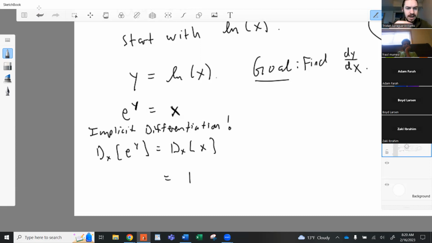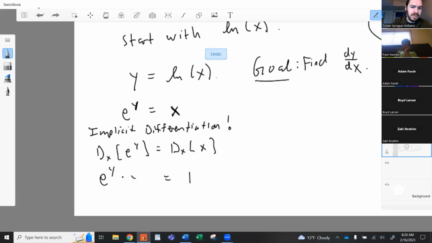The left-hand side, we have to use our special version of the chain rule for implicit differentiation. First, we can just differentiate e to the power y the way we usually do. It's its own derivative, as noted earlier. But then we multiply by y prime, right? Because that's the chain rule.